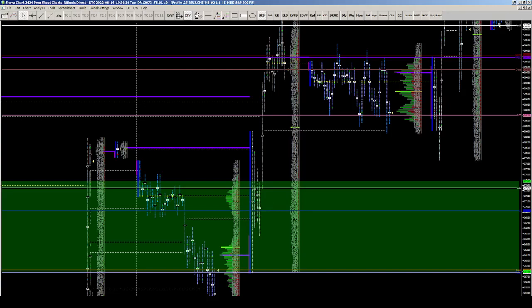I'm going to experiment here. It's been a while since I've used this tool. So we've got Monday, which closed at the end of the day, and then the overnight session that zigzags down all the way into the open this morning.